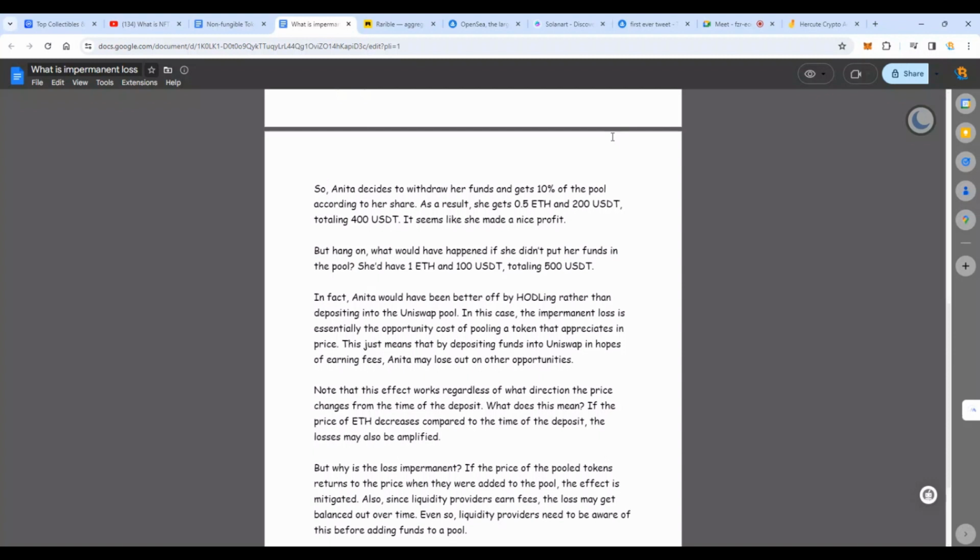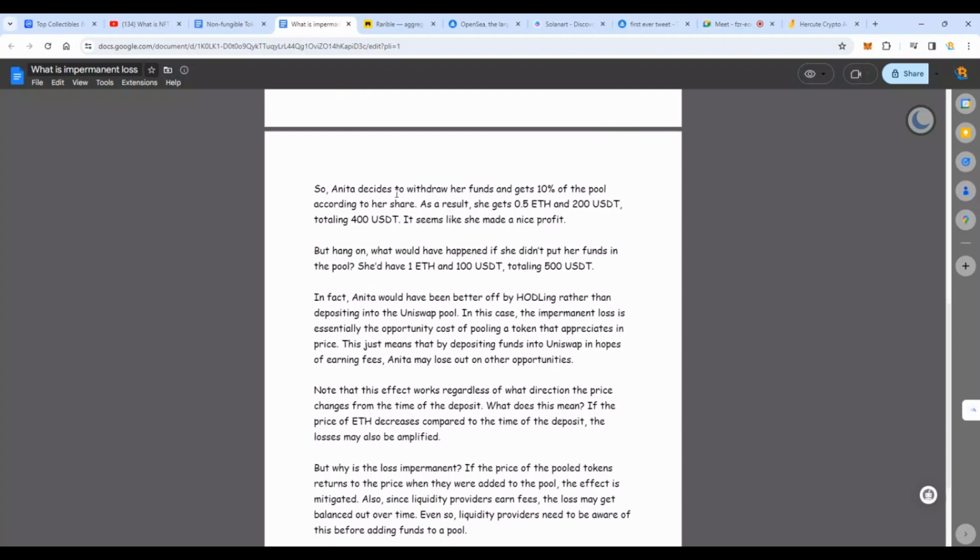That means from the fees the liquidity pool has generated from the trading activity, let's say, for example, $1,000 as the total fees, and all those fees are shared among the liquidity providers, Anita will be getting 10% of the fees, because she has a 10% share of the pool.